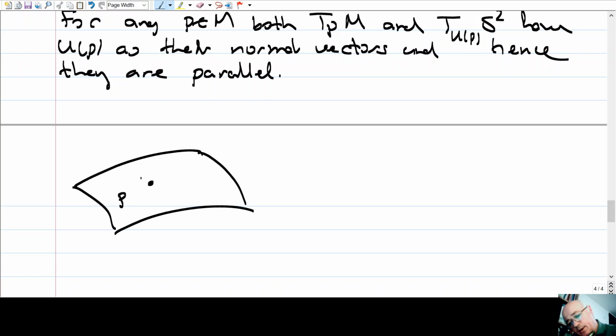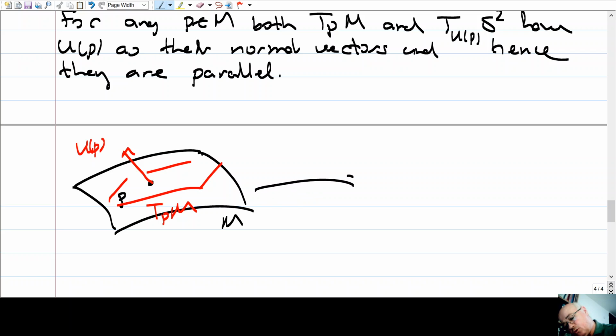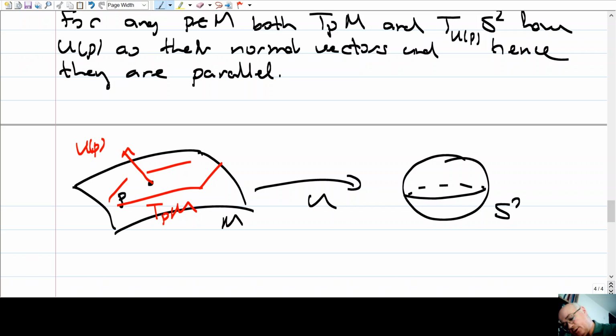At any point P, here is my normal vector U_P, and this is my tangent space, T_P M. Now the Gauss map takes this surface M to the S2 sphere.